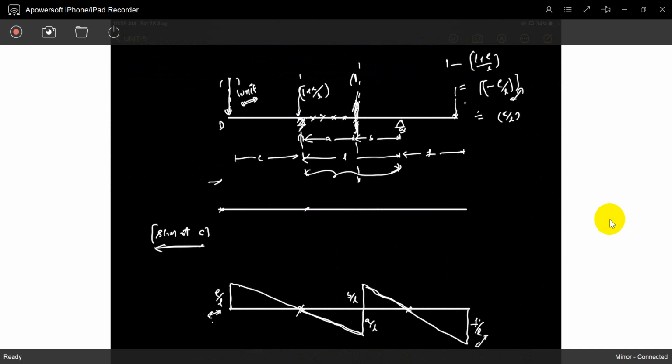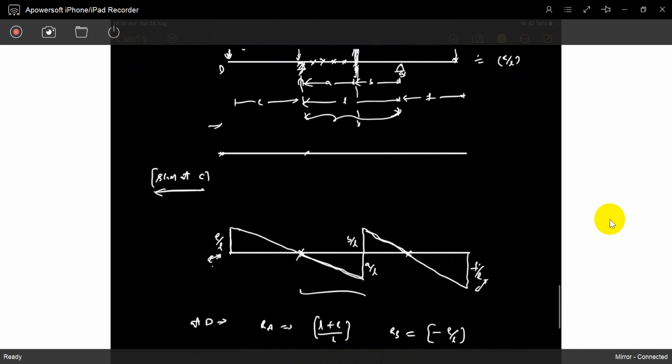We are only interested in the overhanging force, because this looks exactly like a simply supported beam. If the load is in between A and B, there is no other load on the overhanging portions. Those overhangings are just for looks, nothing useful. If the load is in between, it's exactly simply supported. What is the use of the overhang? Nothing.